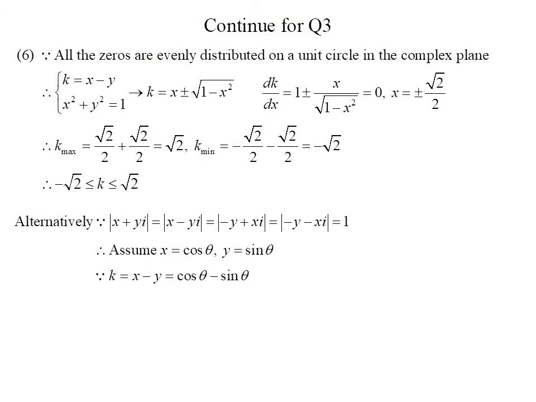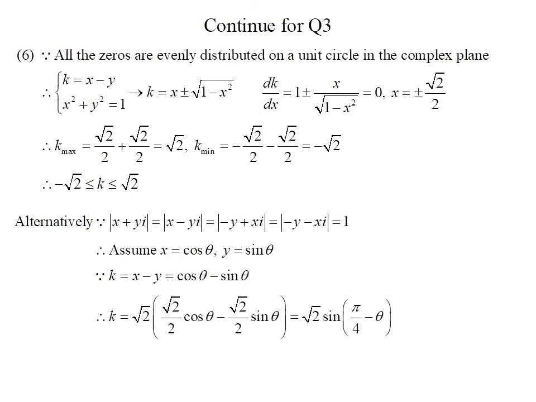Hence, we may express cosine theta minus sine theta as a single sine function by multiplying an appropriate constant. Here is square root 2 as displayed on the screen. Hence, k can be expressed as square root 2 times sine of pi over 4 minus theta, in parentheses. Therefore, the value range of k is between negative square root 2 over 2 and square root 2 over 2, including both endpoints.